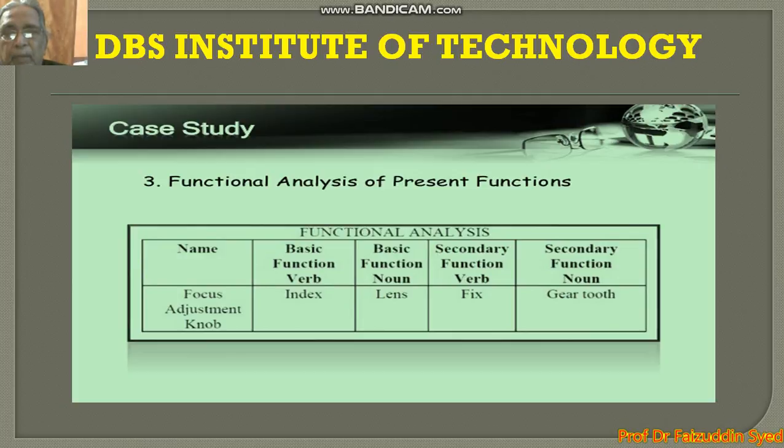Then the secondary function is a verb, and another secondary function is a noun. The name of this product is focus adjustment knob. The basic function verb is index. The basic function noun is lens. The secondary function verb is fixing.